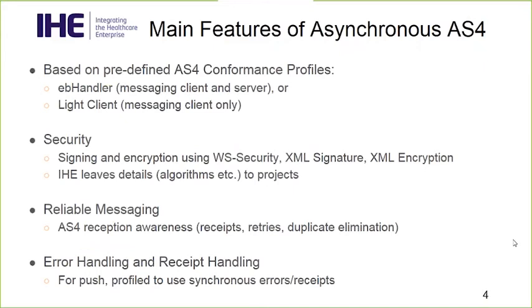We have looked at not the whole EBMS 3.0, but specifically the AS4, which is a subset of EBMS, a conformance profile. And among the various conformance profiles of AS4, we have selected the ones that are specific and correspond to the type of flow of information we have to deal with the EB handler and the light client.